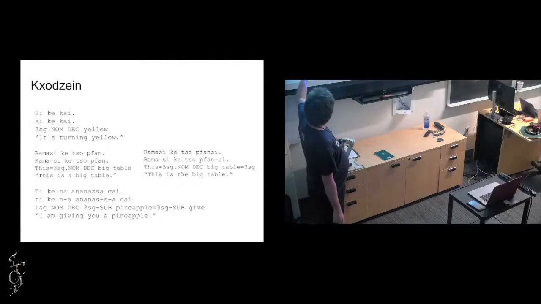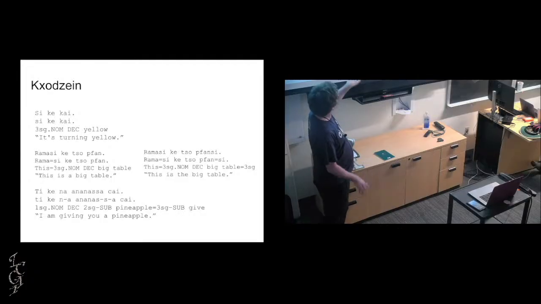And then down here, we've got, I am giving you a pineapple. So this is more the normal thing where you've got a thing that sounds like it should be a verb, being the head of the predicate.